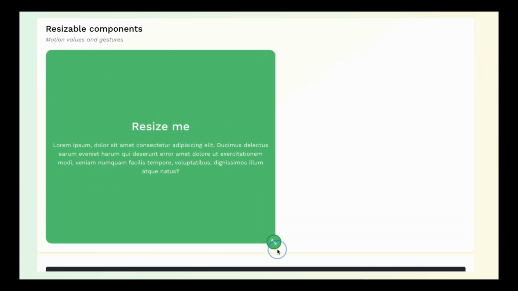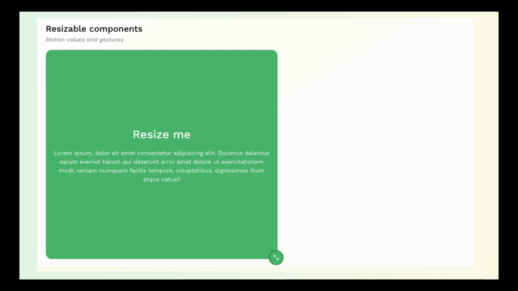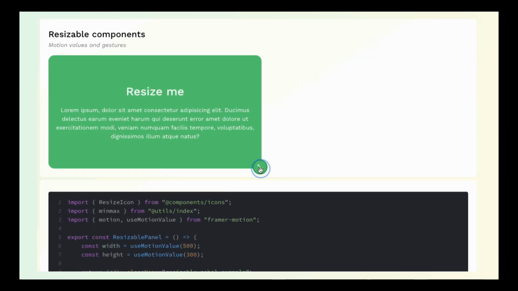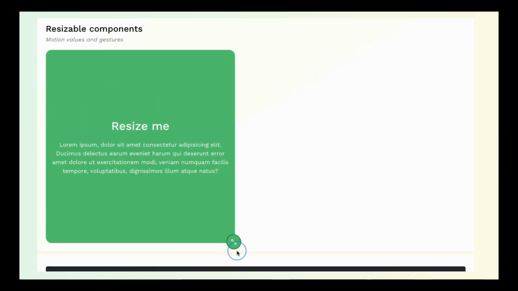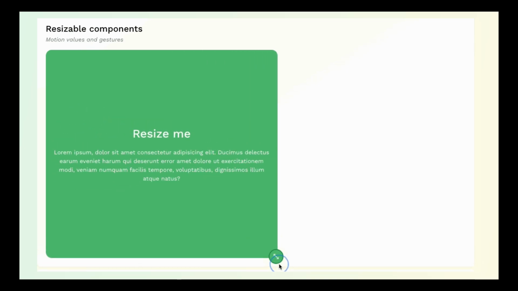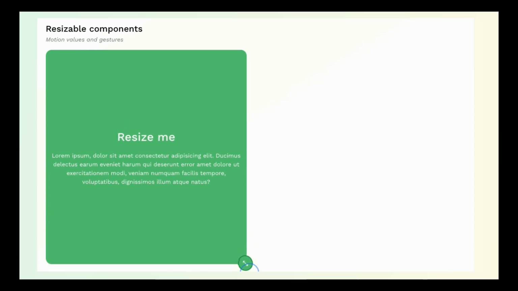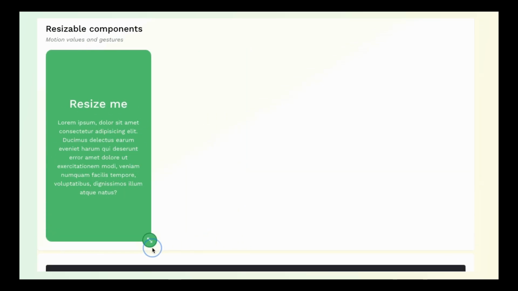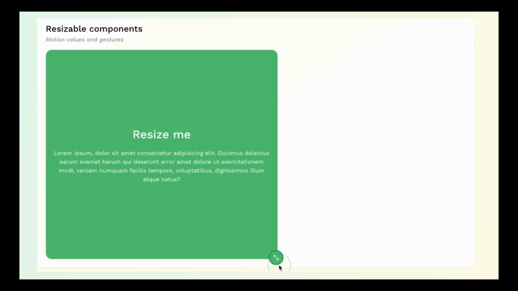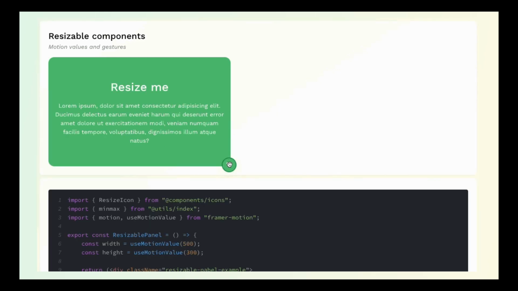But here we use motion values, so the browser still needs to recalculate layout because we use width and height instead of translate and scale. But without involving React in this, we are able to get a lot more performance just by using motion values instead of state.